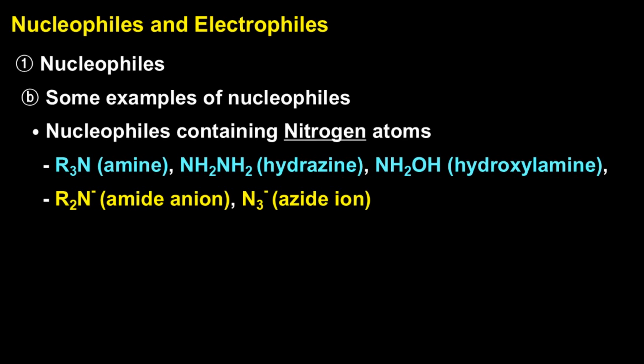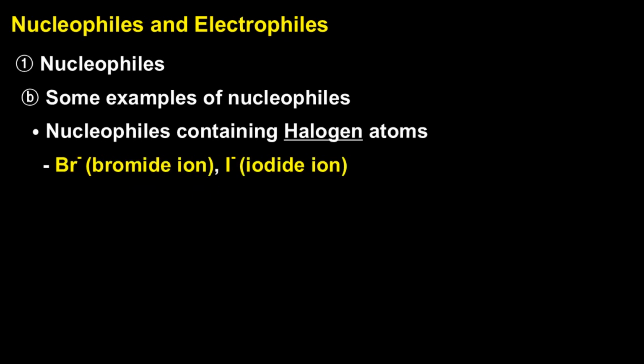Now, if you go one step further and take away a proton, you get amide anions, R2N-, and these are even stronger nucleophiles because they carry a full negative charge. One more worth mentioning is the azide ion N3-. It's small, linear, and surprisingly reactive, and it plays a major role in click chemistry and other important organic reactions.